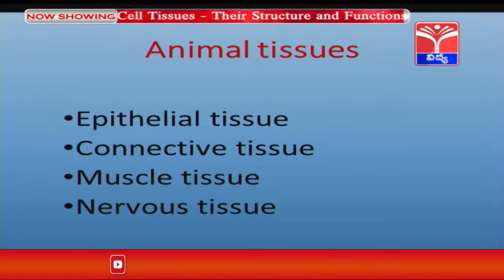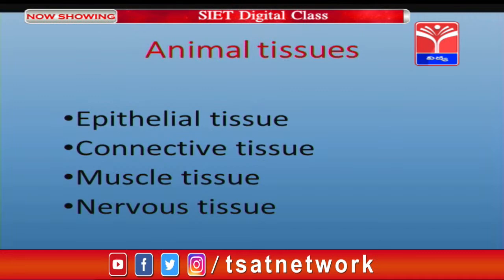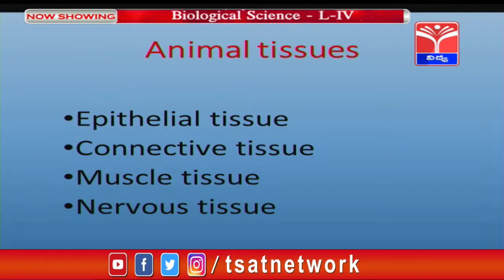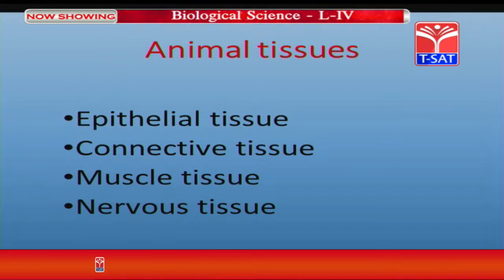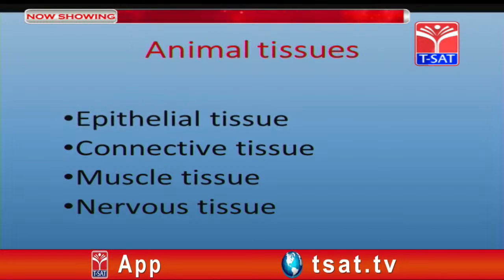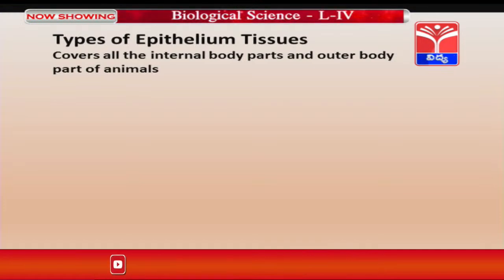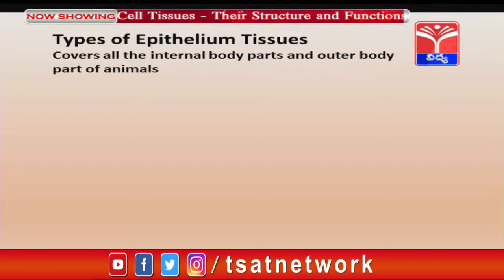Animal tissues are of four types: epithelial tissue, connective tissue, muscle tissue and nervous tissue. First, we will learn about the epithelial tissue. This epithelial tissue covers all the internal body parts and the outer part of animals.